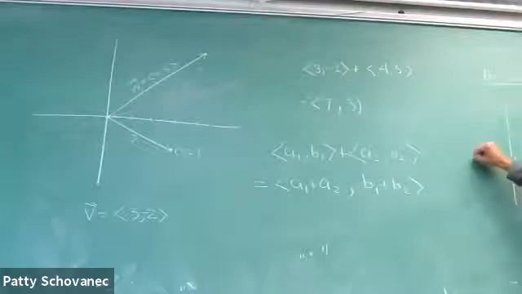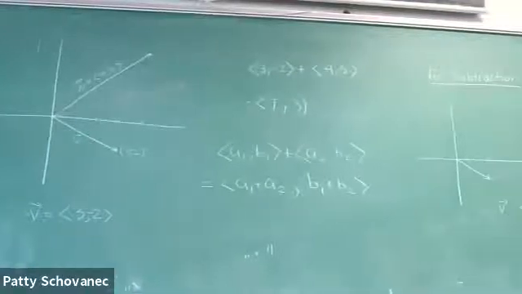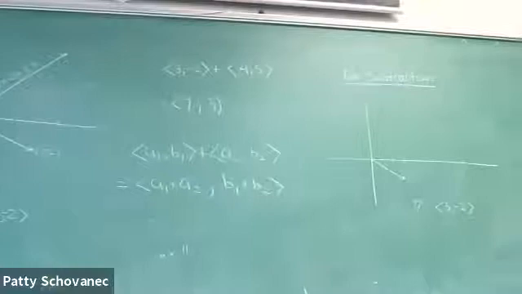Let me try to make my scale look better. Vector V had components 3, -2. You see that? Now I have to move it over to the right. There it is.